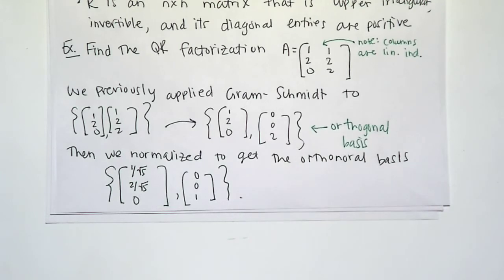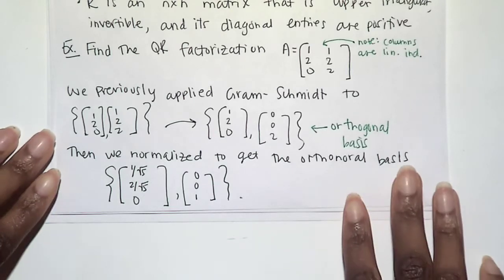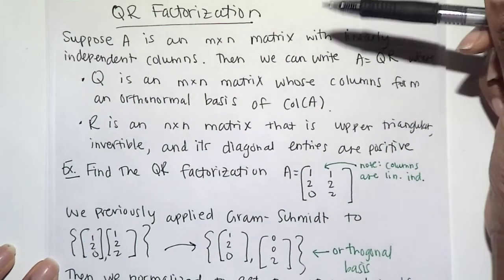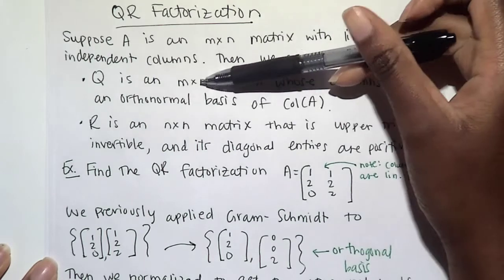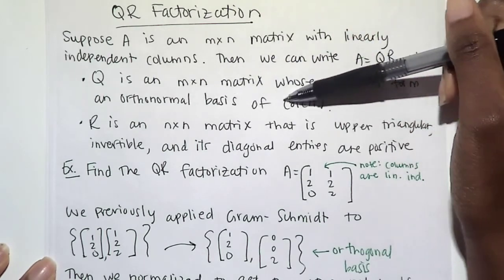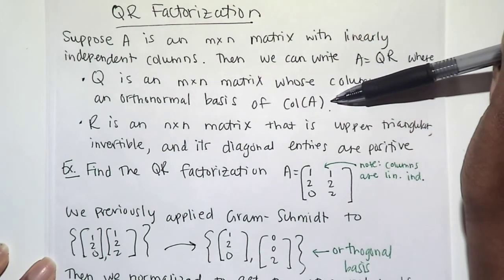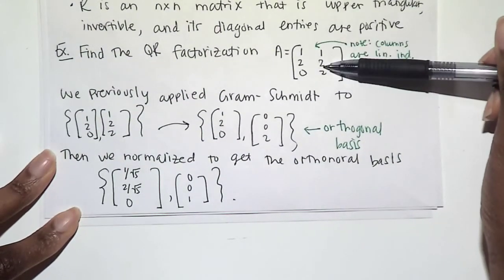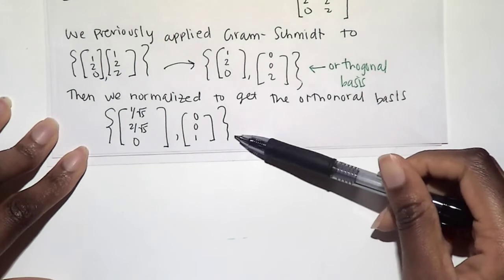All right, let's go back and figure out what we're trying to do here. Now that we've done all this back work, it says QR factorization, where Q is an m by n matrix whose columns form an orthonormal basis of the column space of A. So we took the columns of A and found an orthonormal basis.